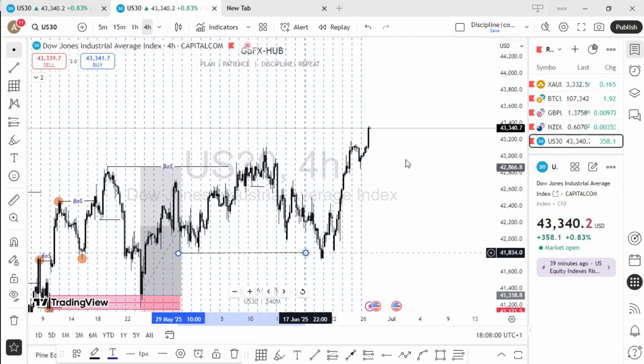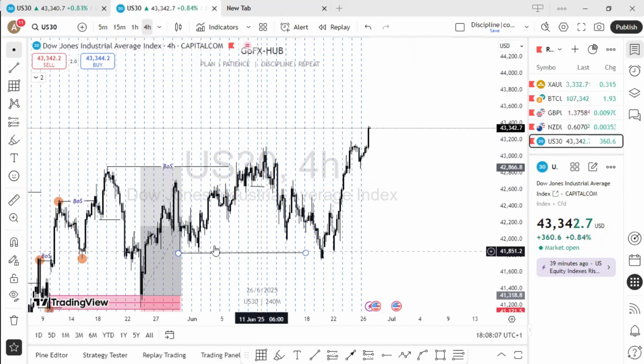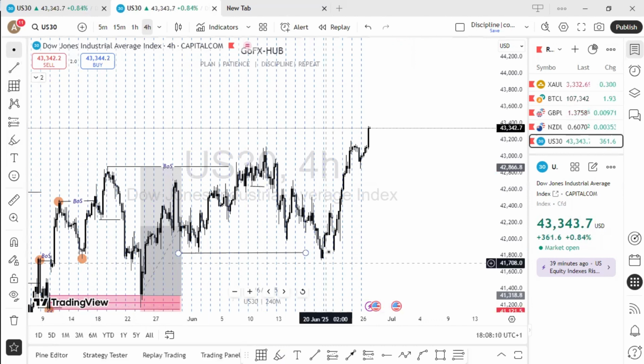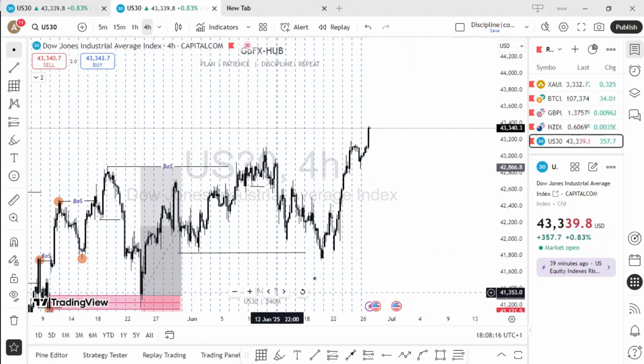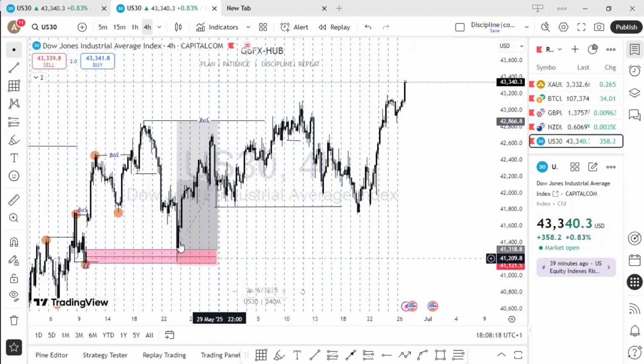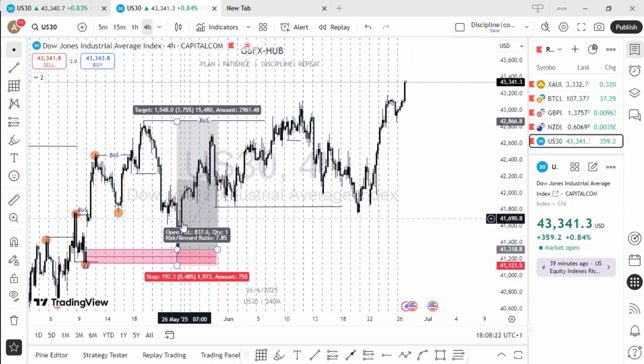So immediately this is fulfilled, I already know that this is what is about to reverse. The reason why I did not take the order block here is because from this side to this side, there's enough fill, a lot of fill of the candle.